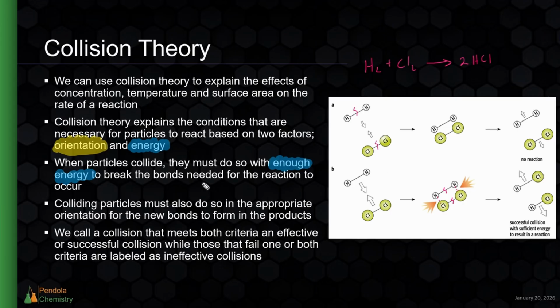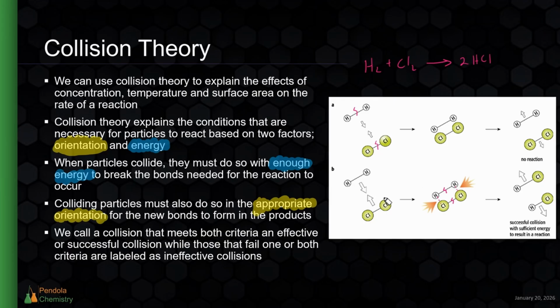Now, colliding particles have to collide not only with enough energy, but also with the right orientation. So colliding particles have to collide with the appropriate orientation to react, for the new bonds to form.